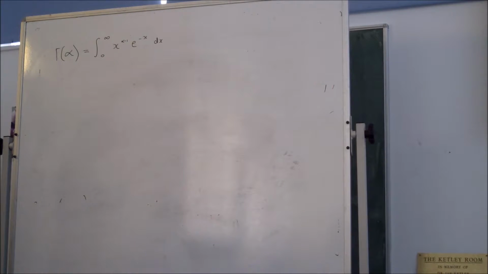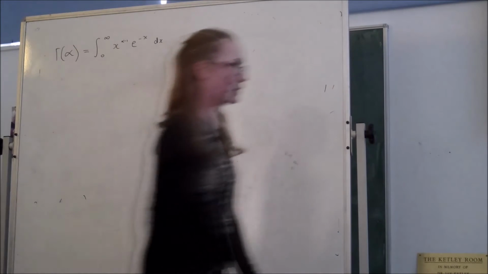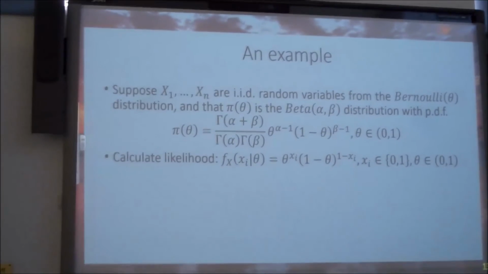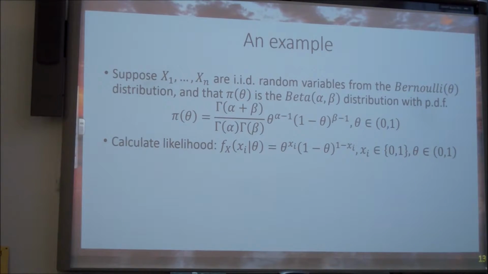Okay, so we've got the prior. We need to find the likelihood first, and then we can multiply them together. If a random variable follows the Bernoulli distribution, that means it can take the value either 0 or 1, depending on if we have a success or a failure, and theta is the probability of success.